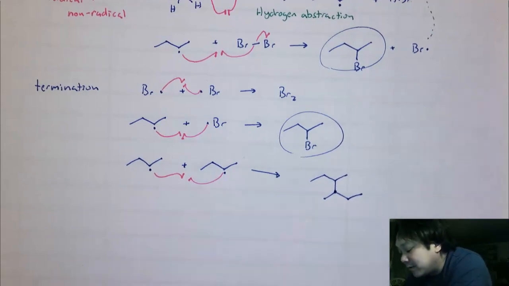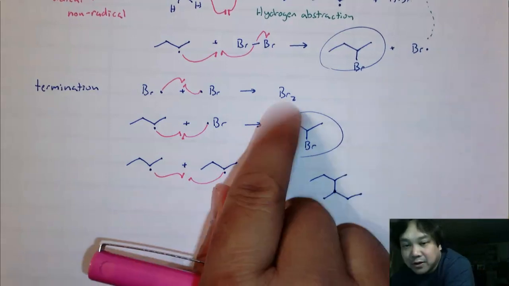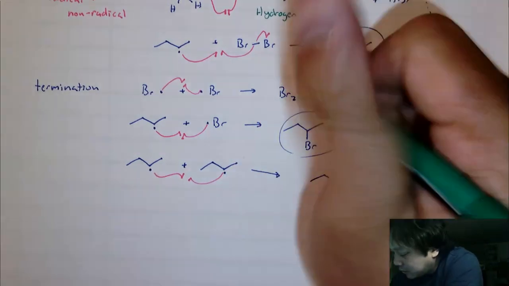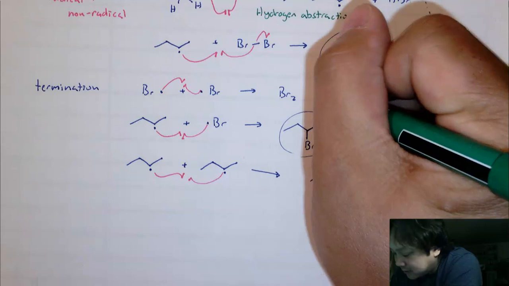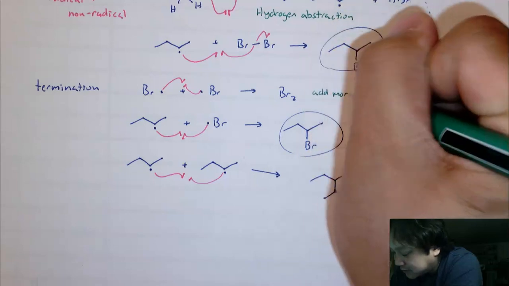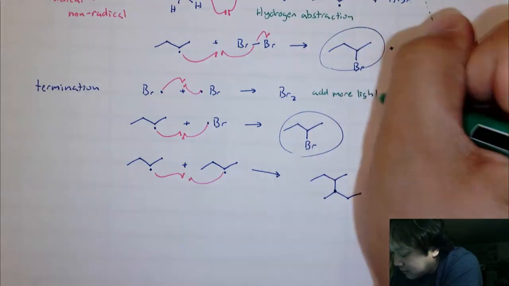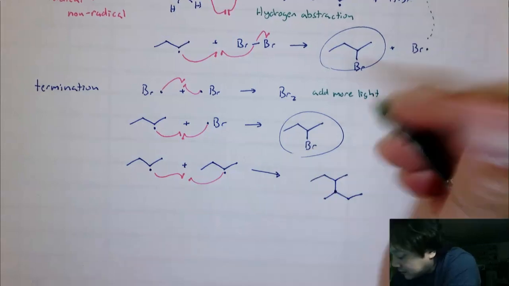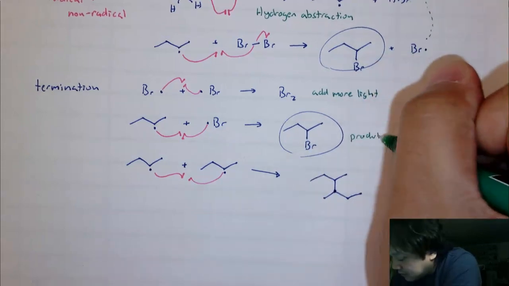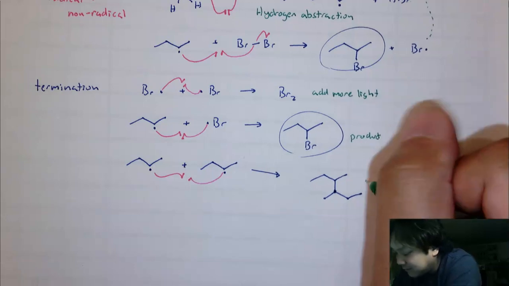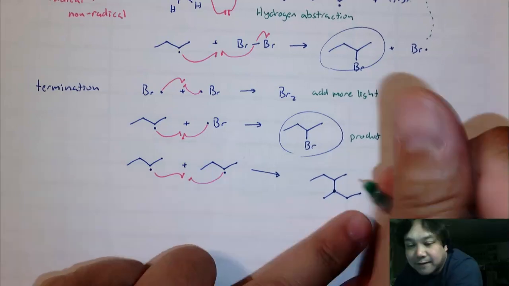This is no good. You know, at least for this one, we can add more light, and it's useful. This one is the product, so that's useful. Okay, and this one is really just useless.